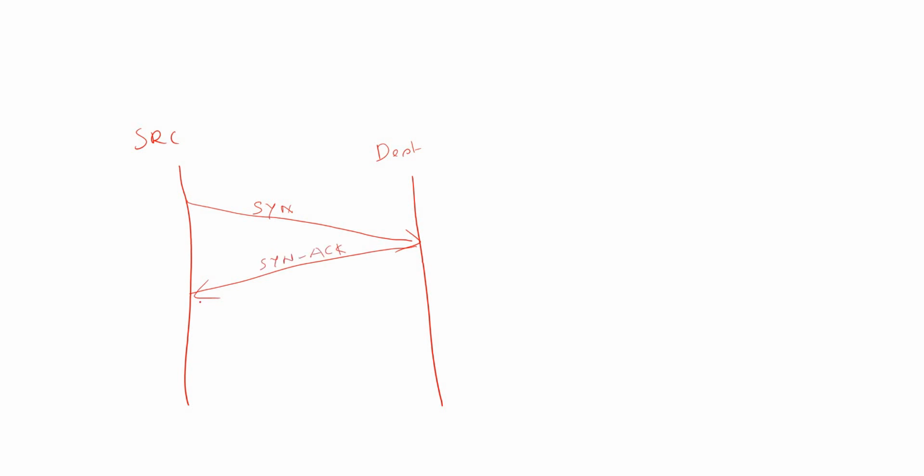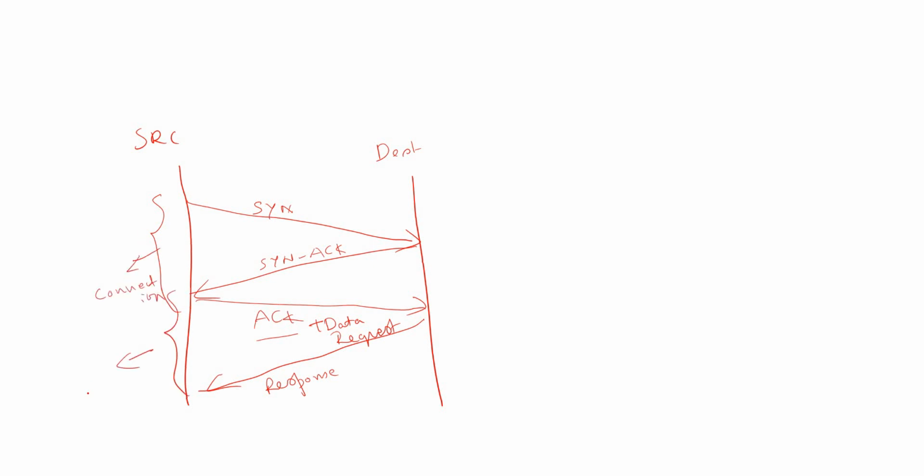So once the acknowledgement is received, then the client sends another acknowledgement that it has received this synchronized acknowledgement, and it will complete the connection establishment. So in addition to acknowledgement, it also can send the data request, and then the destination will send actual response. So this way, initially the connection will be established and then the actual data transfer will occur.